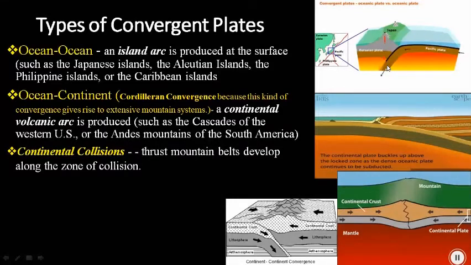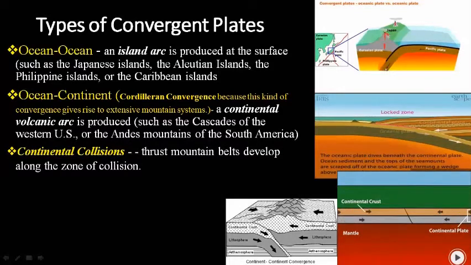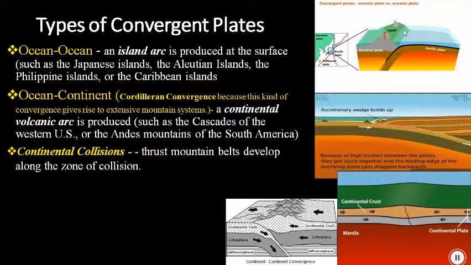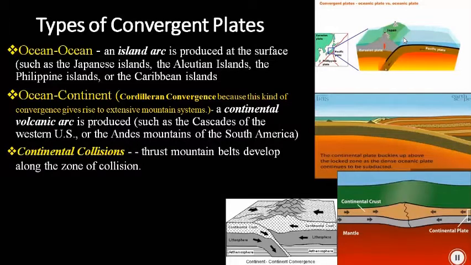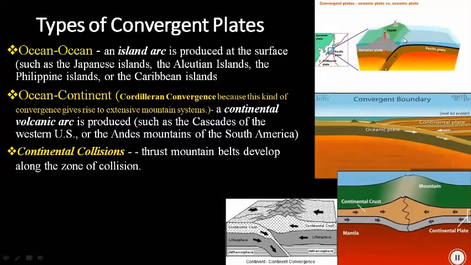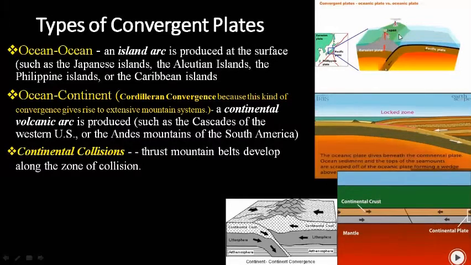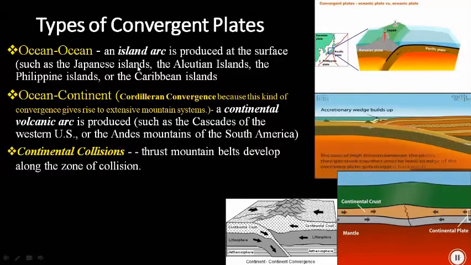Because of this constant volcanism and constant earthquakes, this area will form a chain of volcanic islands. And when we have a chain of volcanic islands, we call this an island arc.